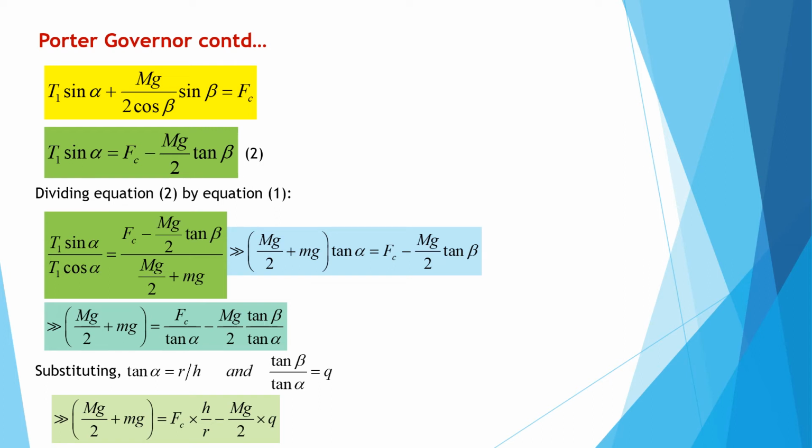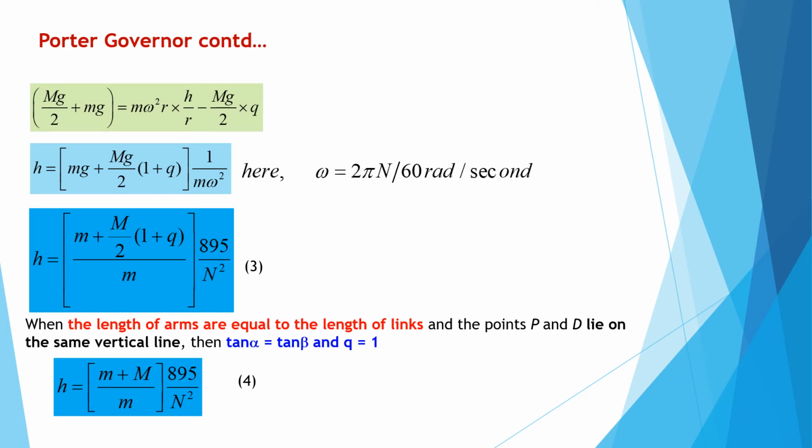Then substituting the value of tan alpha and the ratio of tan beta upon tan alpha, we get equation 3, that is capital Mg by 2 plus small mg is equal to the centrifugal force, that is m omega square into r, into h by r minus capital Mg by 2 into q.